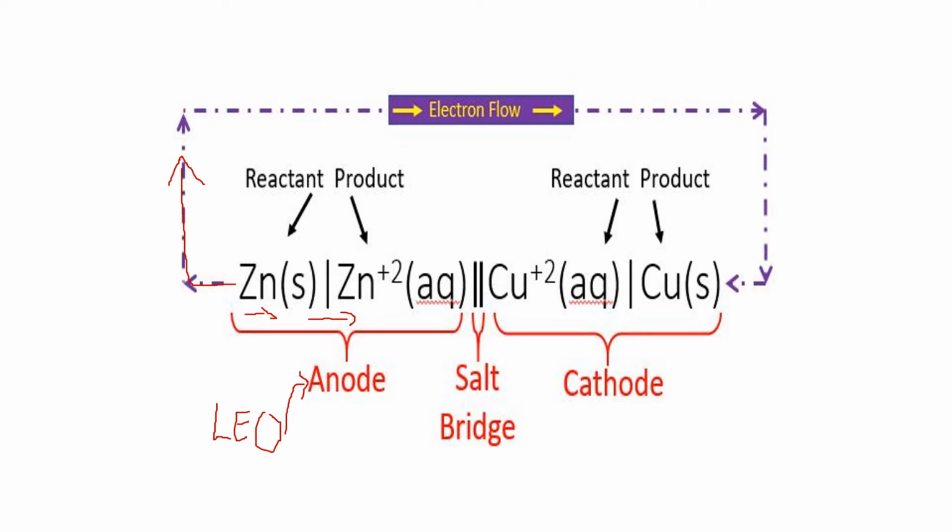As it continued and we went on to the cathode, we saw this was the gain electron side. And the reaction can be read as a shorthand again, where we had our copper ions reacting. They gained electrons and they made copper solid.